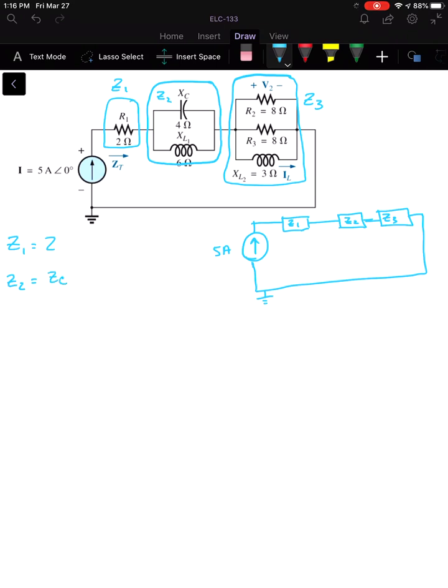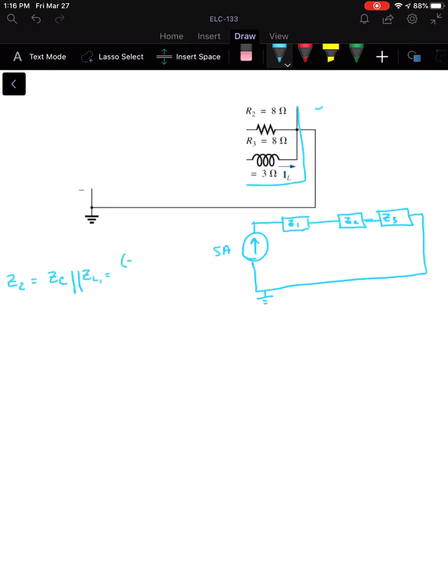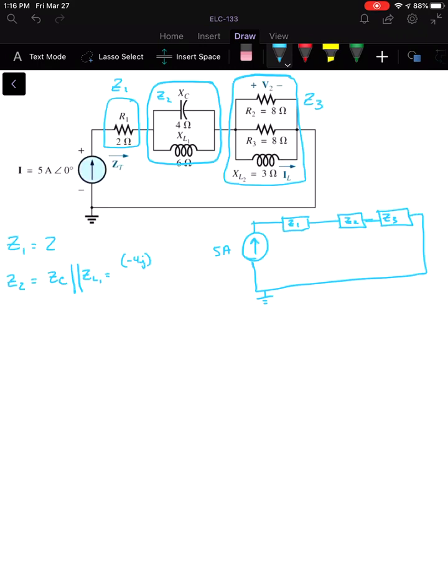Z2 is actually going to be our capacitor impedance in parallel with our inductor impedance for the inductor L1. So I'm going to use my product over the sums.